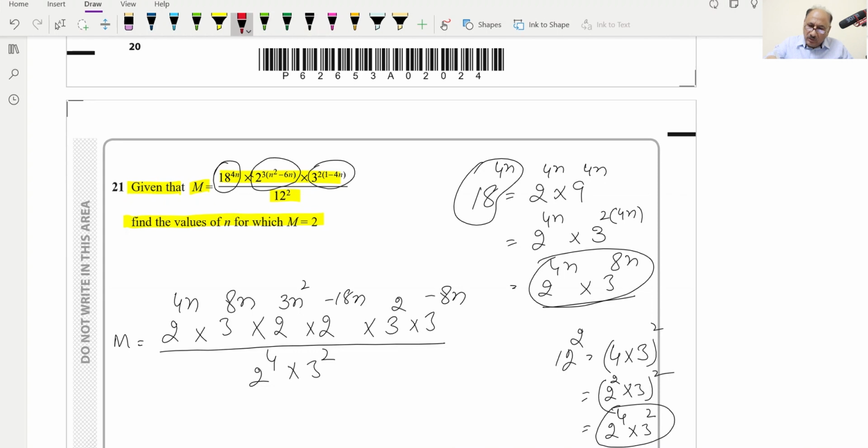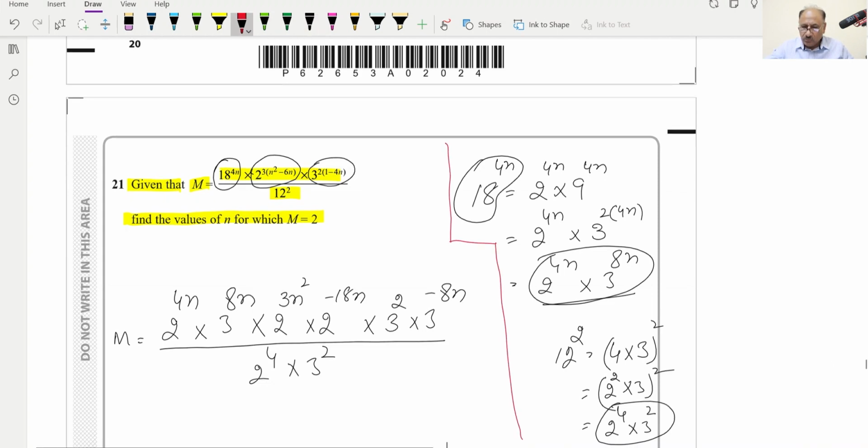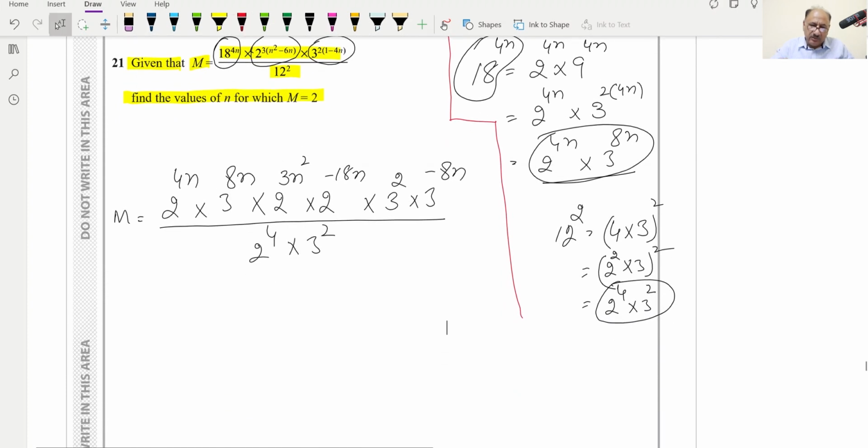And this is all explanation which I have provided for you, so that you can understand directly. You can write this step which I have written. And now next step will be what? Next step, we know this is equal to, it is provided as 2, so we'll write this as equal to 2.